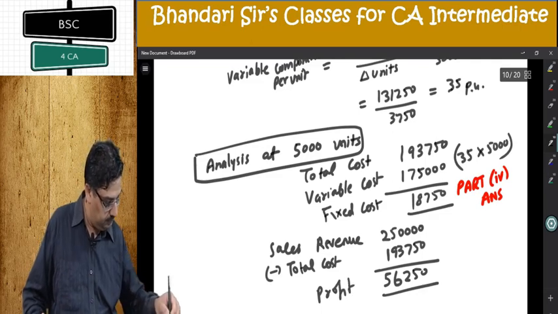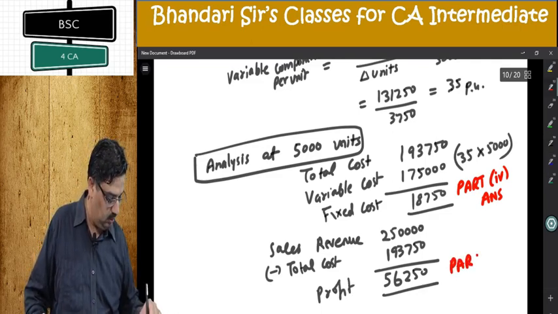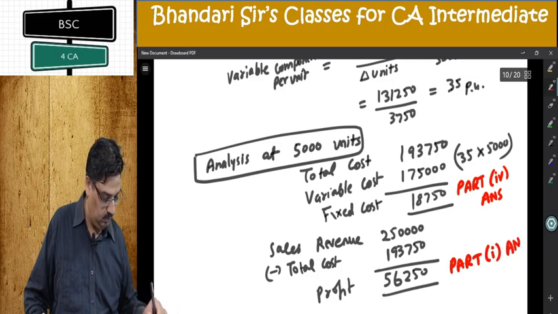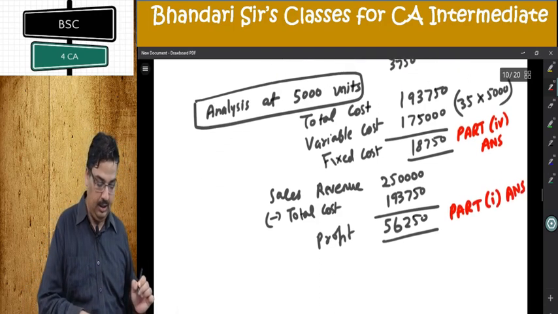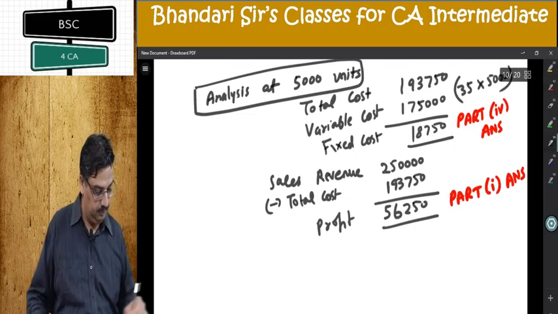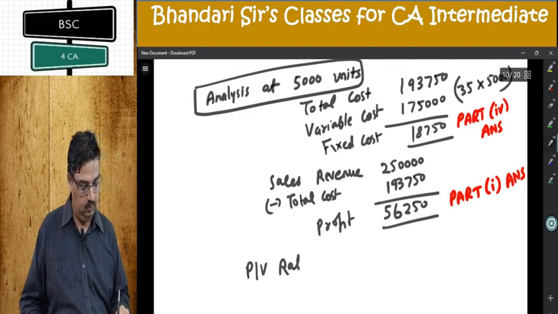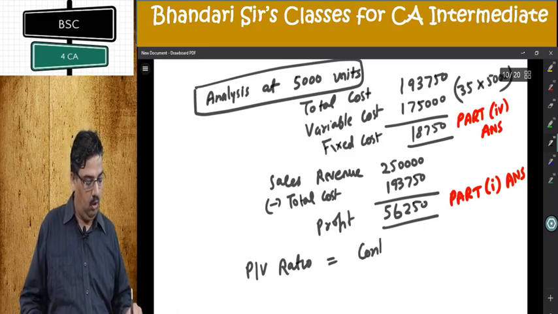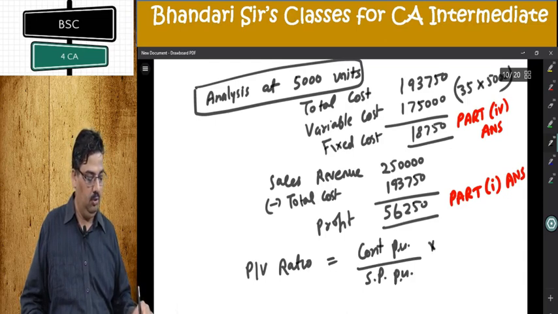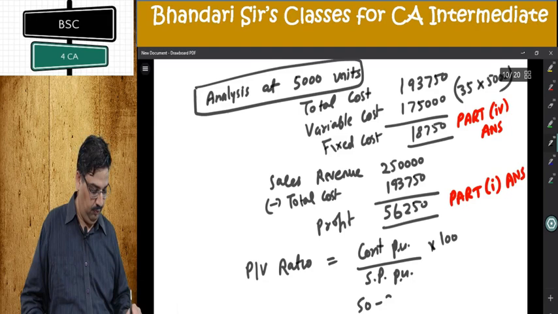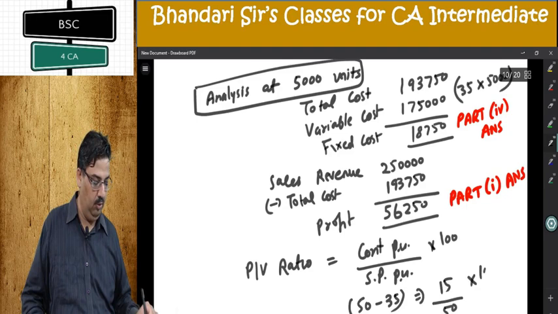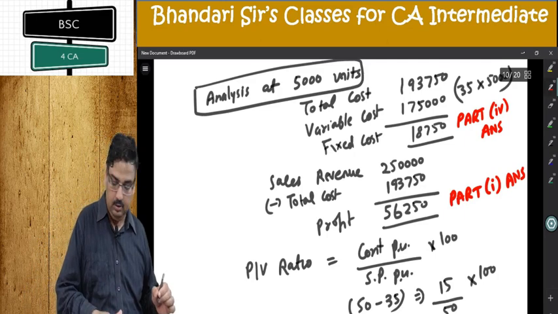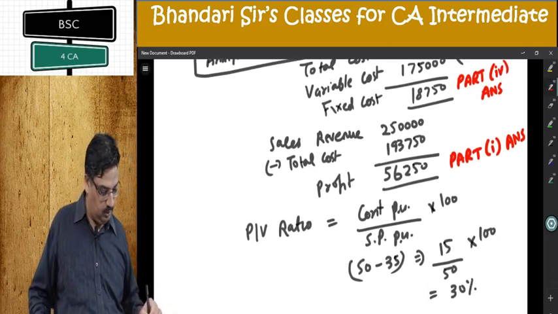This is profit. This is the part 1 answer. Lastly, PV ratio. Very simple. Contribution per unit divided by selling price per unit into 100. 50 minus 35, 15, divided by 50 into 100. 30%. This is the part 2 answer.